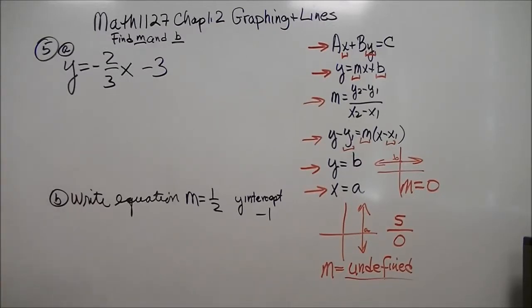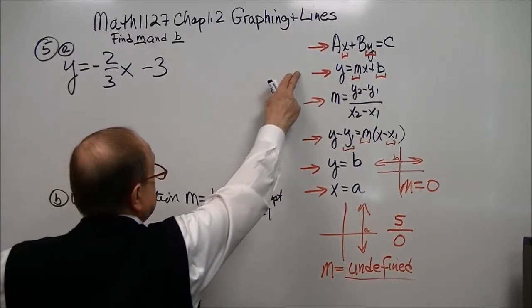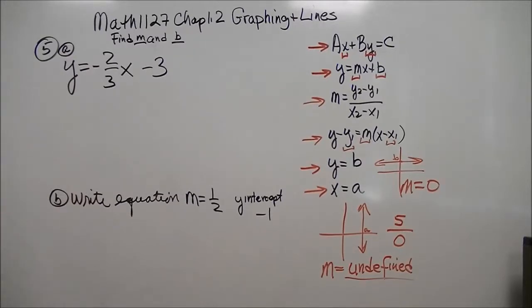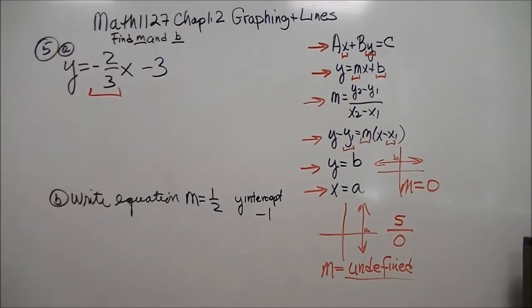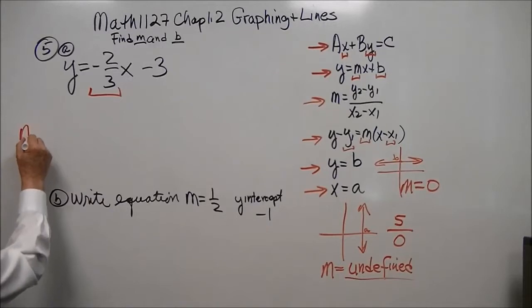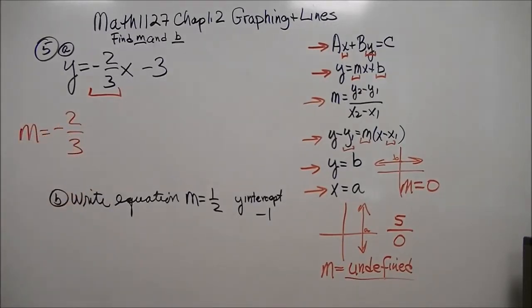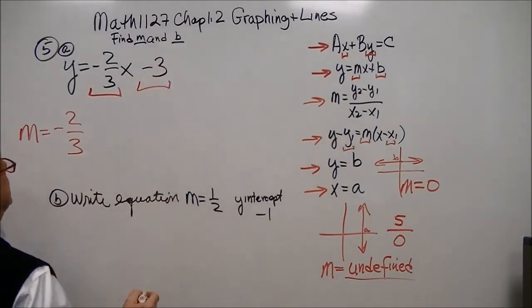For question 5, they ask, find the slope of this equation and the y-intercept. That's what B is. Well, notice they're talking about this formula right here, which is the slope-intercept form. Well, the slope is the numerical coefficient of what is before the x. So our slope here is a negative 2/3. And our y-intercept is what's in this position where the B is.